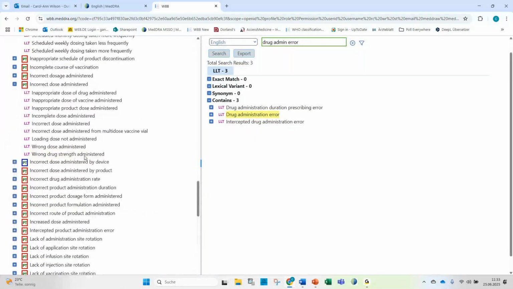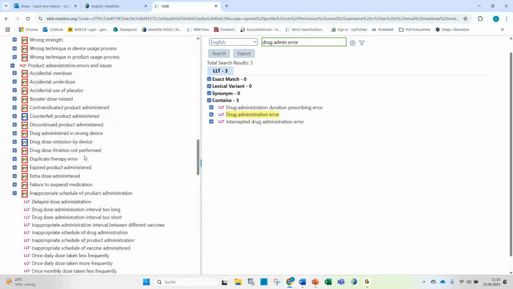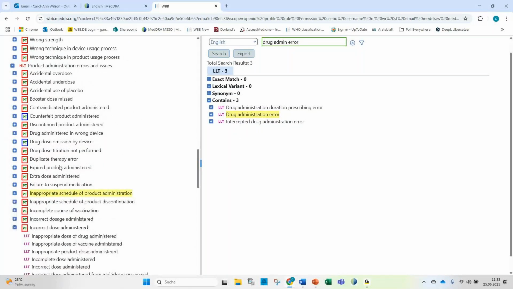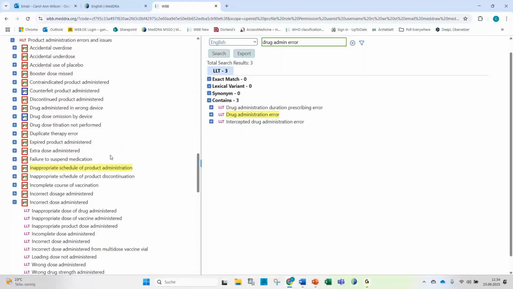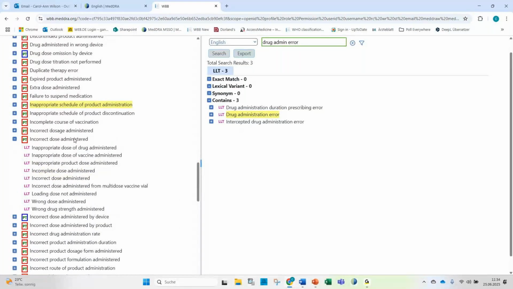It is under the HLT product administration errors and issues, but of course it is a very vague term. We have more specific information about the administration error. The patient took the drug twice a day instead of once a day as instructed. So that's why this term would be much too vague.